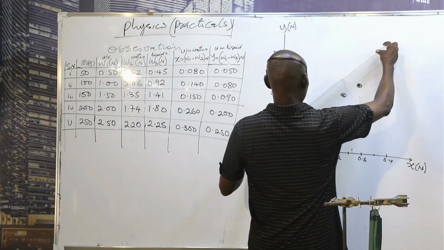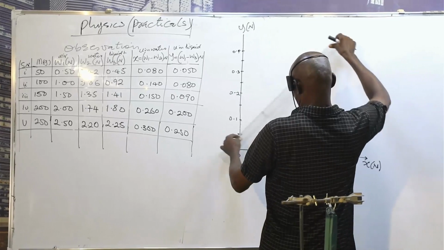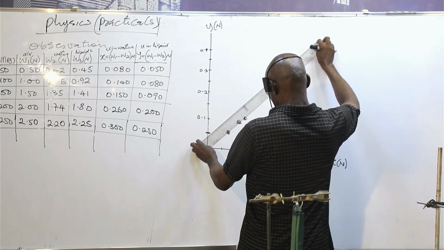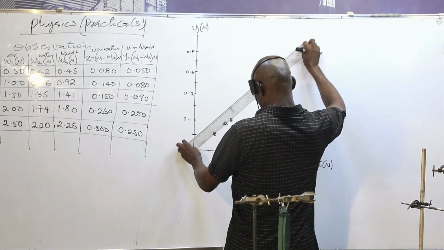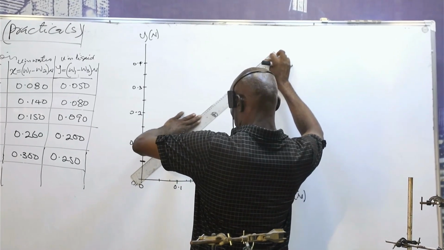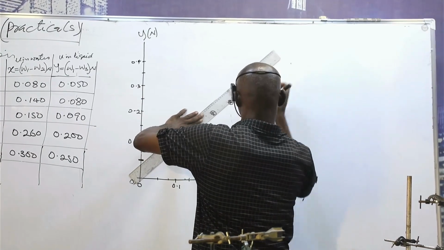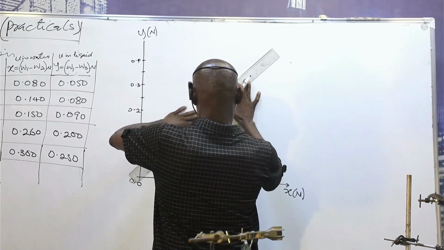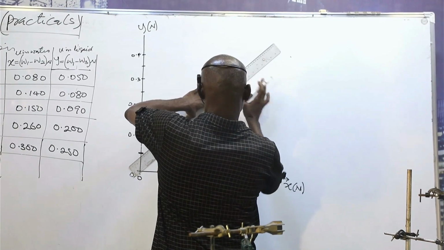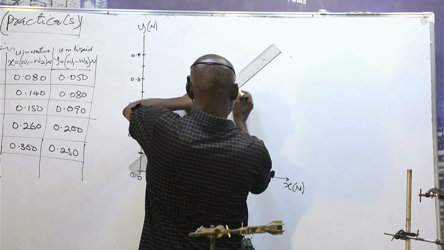So here, if I place this across, I will look for the line of best fit. I can take this place, I can take here, and take this line here.